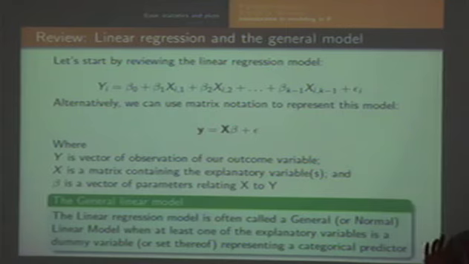Us statisticians are the only people who actually bother making that distinction. Many people just call a general linear model linear regression. It has dummy variables, in other words. A general linear model will have dummy variables that represent a categorical variable. That's it. And finally we have a vector of parameters that relate X to the outcome Y.